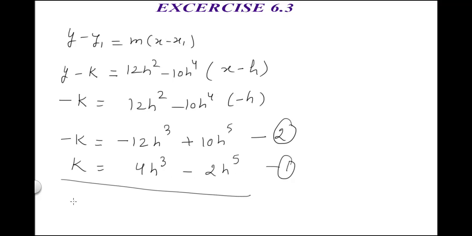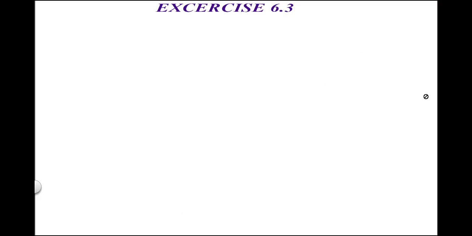If I add these two equations, I'll get 0 equals minus 8h cube plus 8h to the power 5. Writing this expression on a separate page, we have minus 8h cube plus 8h to the power 5 equals 0.